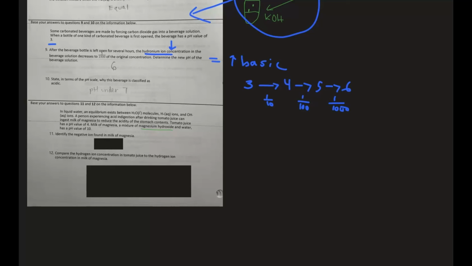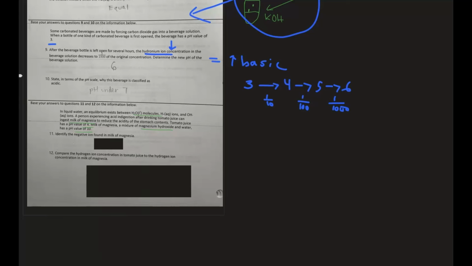So in liquid water, an equilibrium exists between H2O molecules, H plus ions, OH minus ions, okay? And if someone is experiencing acid indigestion after drinking tomato juice, they can ingest milk of magnesia to reduce acidity. So I'm assuming it's basic, okay? So tomato juice has a pH of 4, milk of magnesia has a pH value of 10. Okay, that makes more sense.